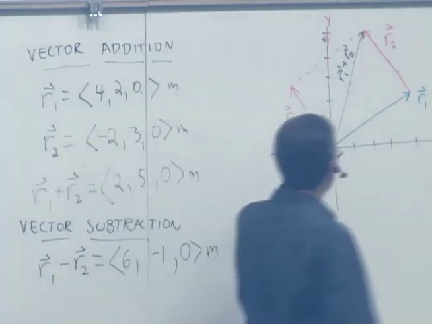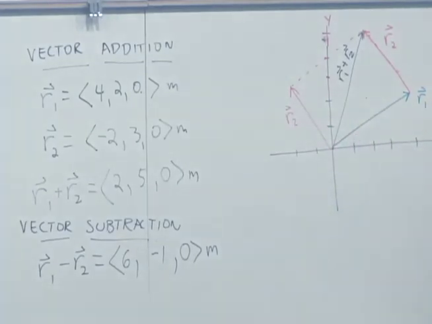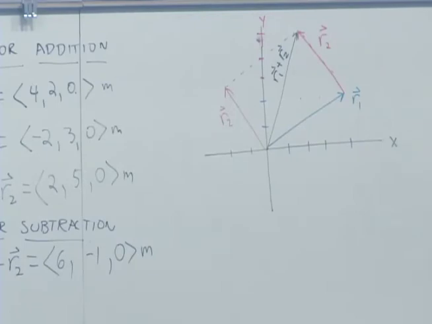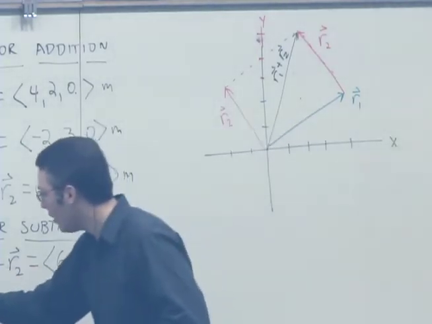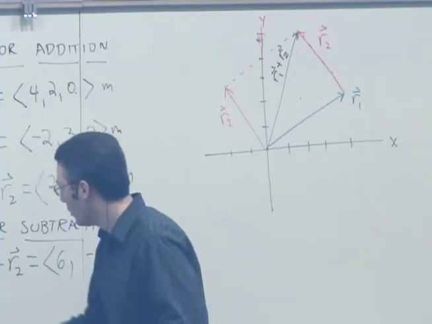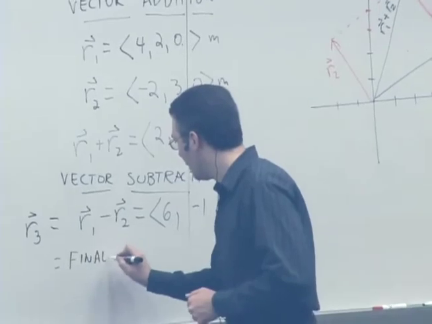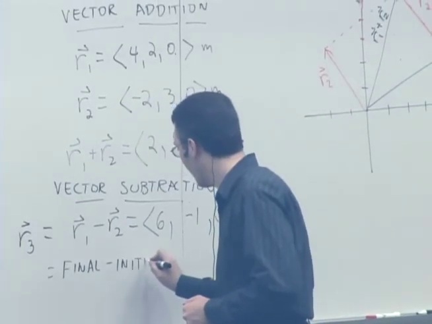So graphically, what would I draw here? A vector that points from where to where? It's final minus initial, right? So we can think of this, if I call this R3, we can say that this is final minus initial.